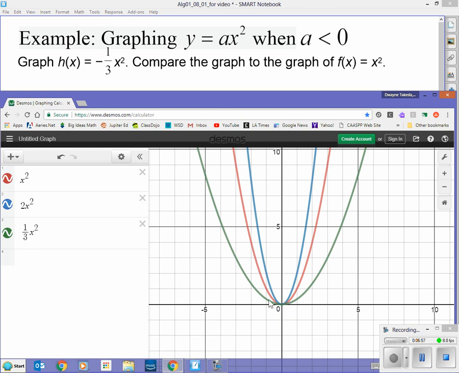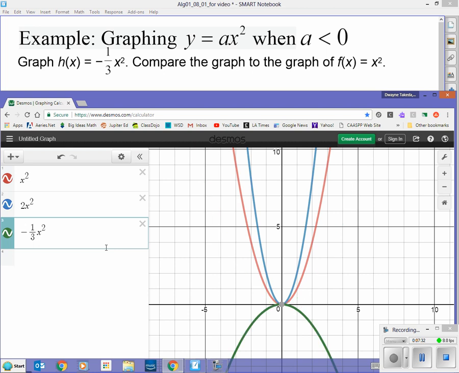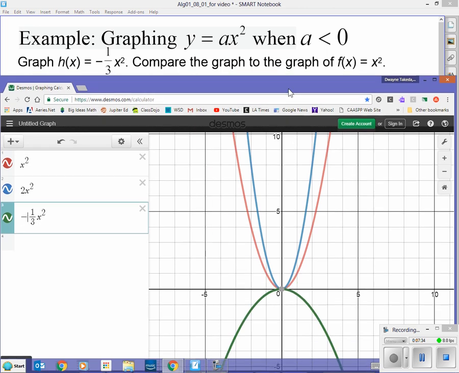So where we had something up here at negative 2, 4, now 4 is being multiplied by 1/3, so it's 4/3 or 1 1/3. So down here at 1 1/3 is where we're going to see negative 2 and 1 1/3. This is an approximation. There you go. Okay, and then of course multiplying it by a negative 1 reflects it over the x-axis, which we've seen before.